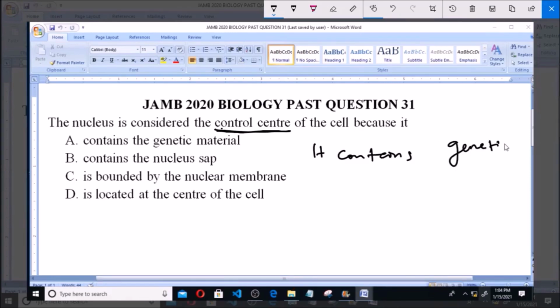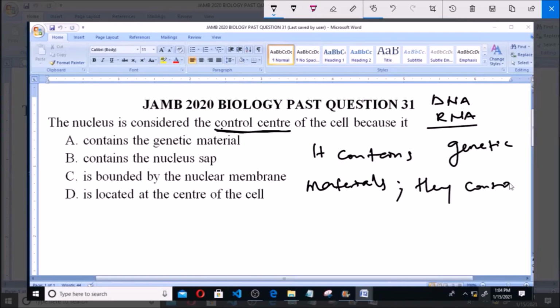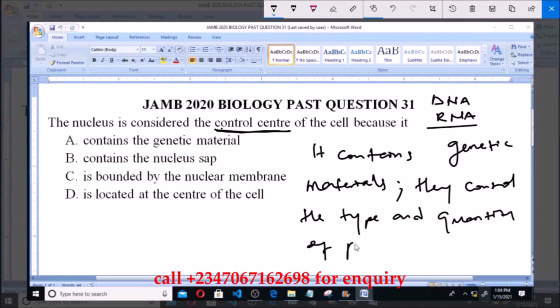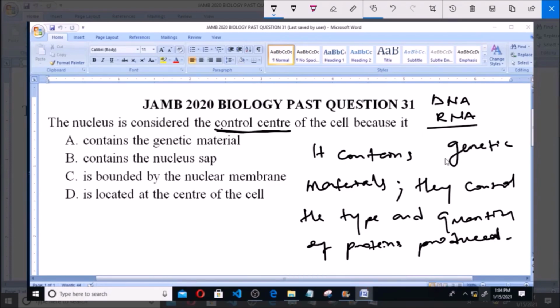genetic material. It contains genetic material, that is the genes, the DNA, and the RNA. These are located in the nucleus, and they are responsible for controlling the type and quantity of proteins produced.